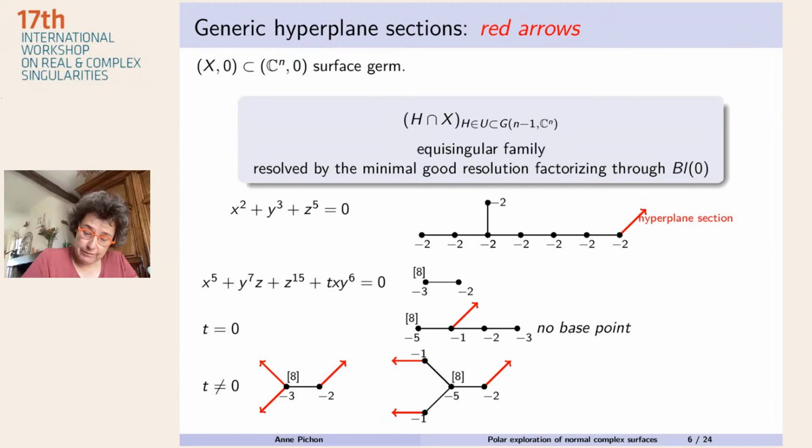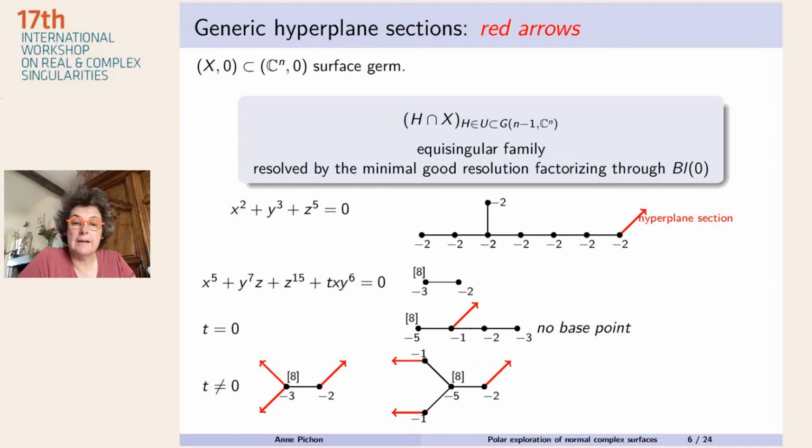But now if you go to the Briançon-Speder family, my previous example, on that example, you can, with some computation, see that actually the minimal resolution does not factorize through the blow-up of the origin.